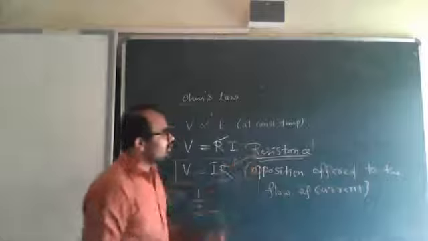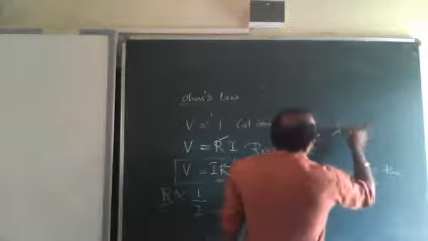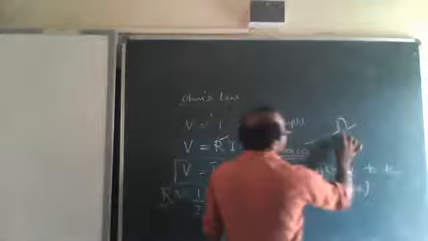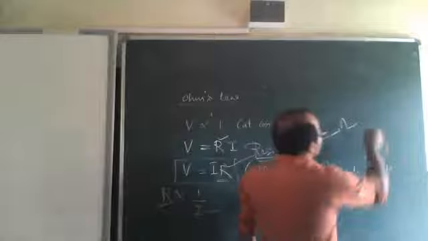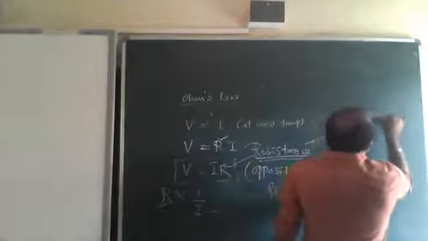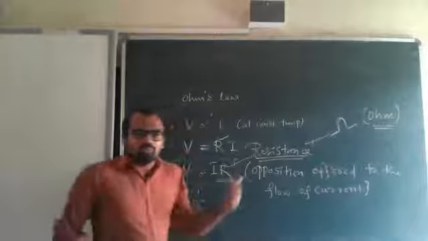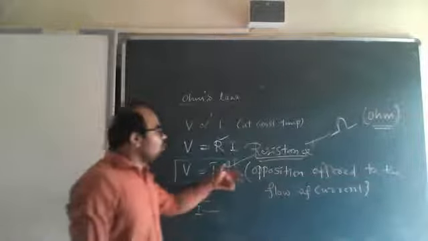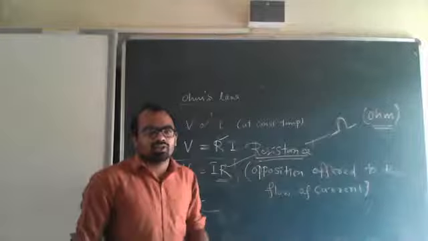The SI unit of resistance is called ohm. This is the symbol. You have to say it as ohm. Why is it ohm? Ohm is the first scientist who gave more knowledge and made more discoveries on resistance.